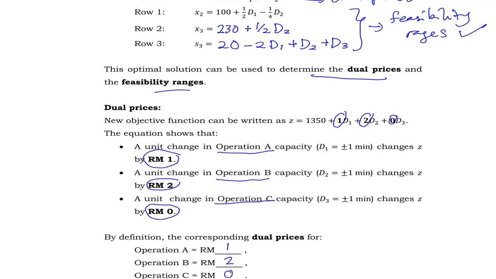Okay, so the higher the dual price, the better. Let's say if you have an additional worker, it is best to put the worker at operation B, because every 1 minute change in operation B will change Z by RM 2.